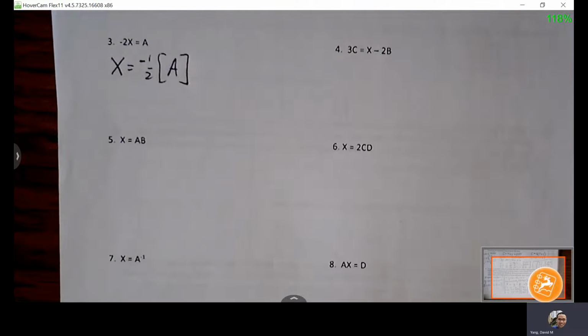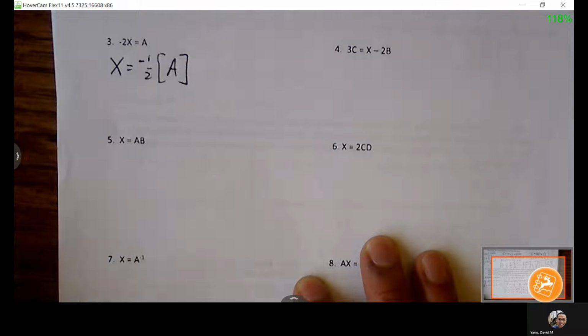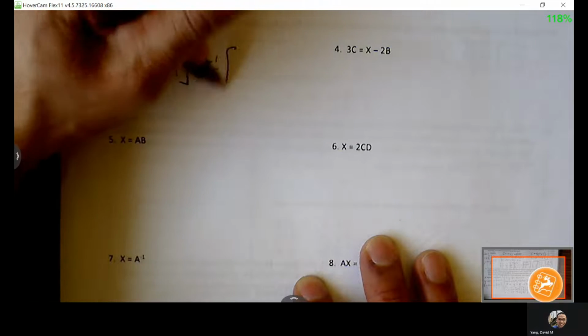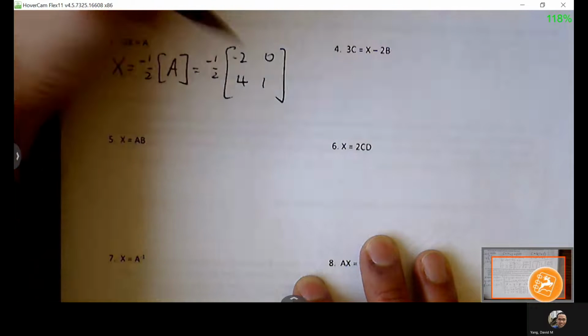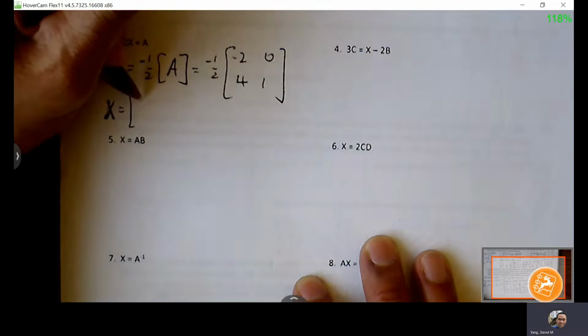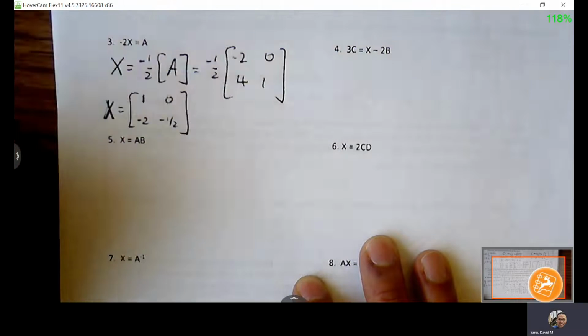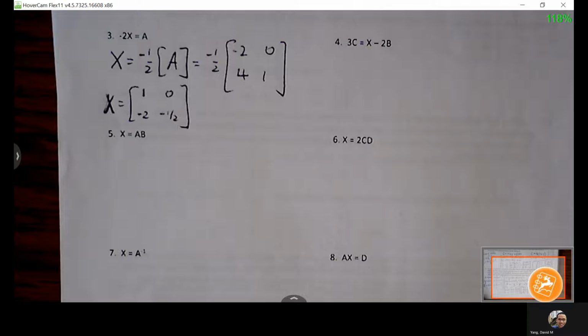So all you do is distribute a -1/2 to every element of matrix A, and that's it. Okay. Question with 3?